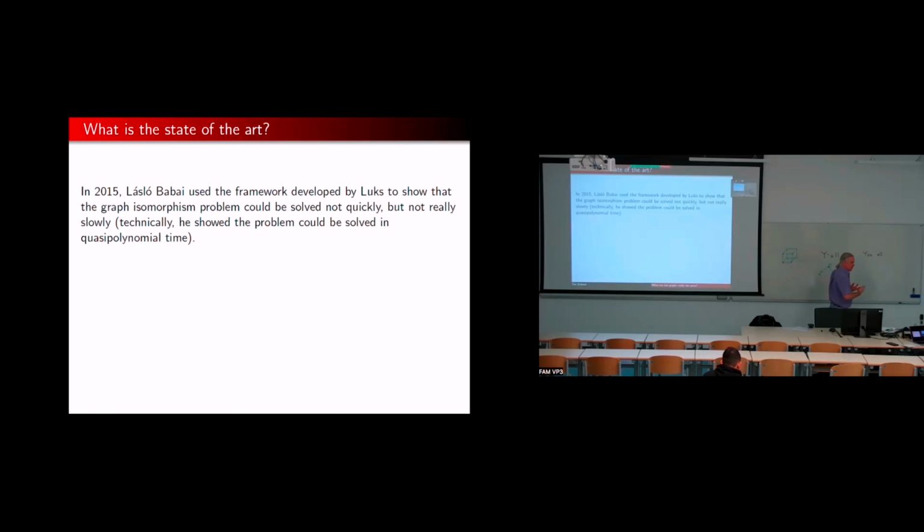What does quasi-polynomial time mean? Well, it means that if you look at the worst case number of operations that the computer would have to take to determine isomorphism, it is a polynomial in the number of vertices. But if the number of vertices gets bigger, the polynomial need not stay the same. The degree might go up.